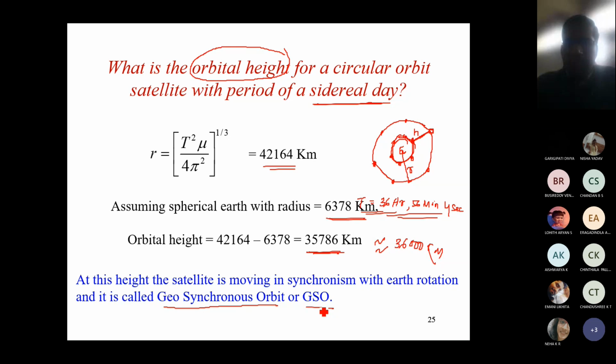This is one point. The second point is that geosynchronous orbits are orbits located at an orbital height from the surface of the Earth at a distance of 35,786 kilometers.